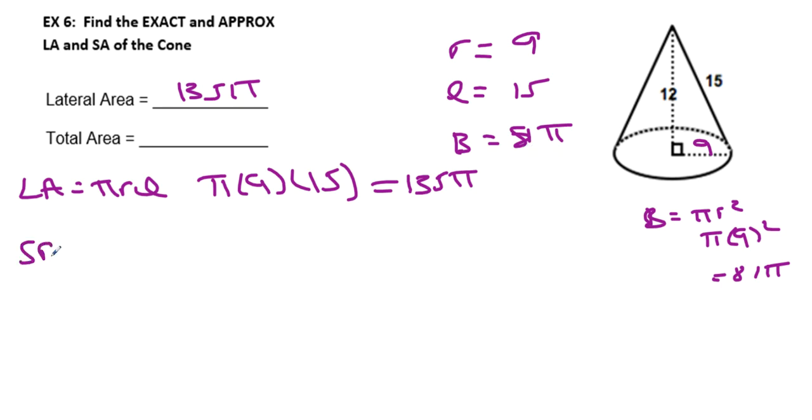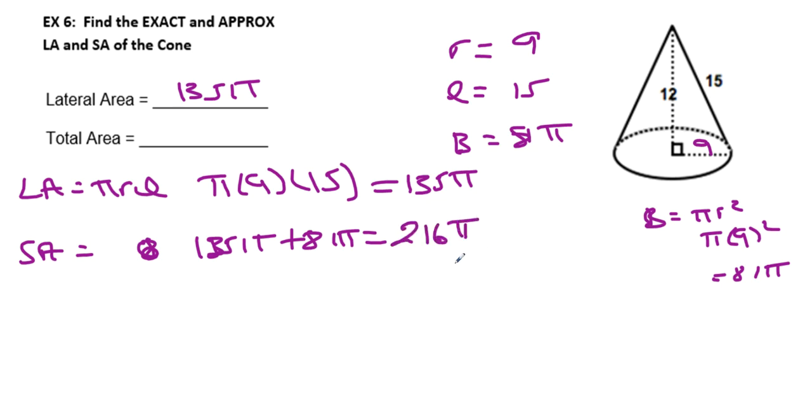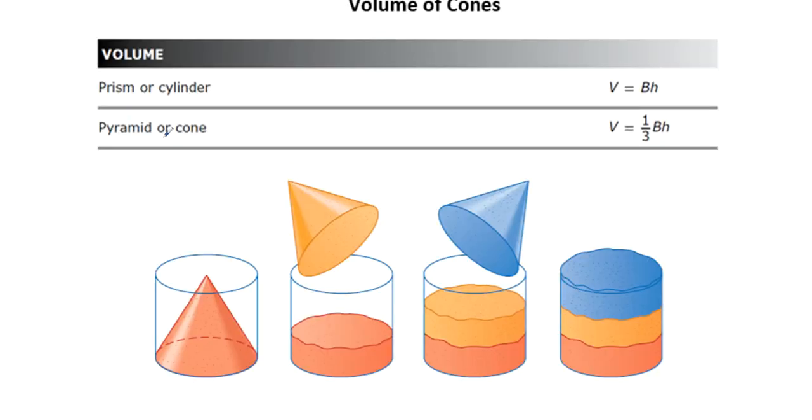So surface area is just 135 pi plus 81 pi, which is equal to 216 pi, which is about 678.5 units squared. All right, let's see, I got one more example for you.